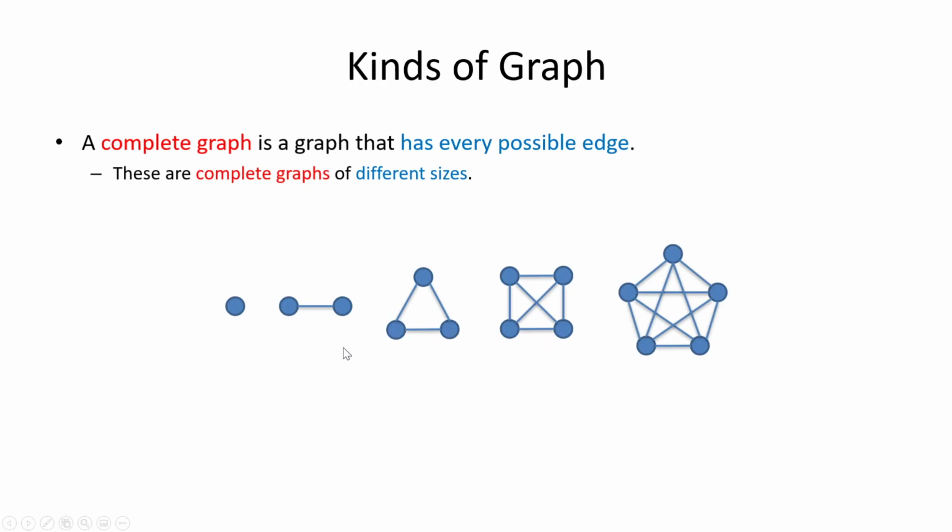Now, that makes it messy, and it's not usually the standard type of graph that we're looking at, so I've not included them here. So this would be a complete graph of size 2, 1 edge, complete graph of size 3, 3 edges, a complete graph of size 4, which has, let's see, 1, 2, 3, 4, 5, 6 edges.